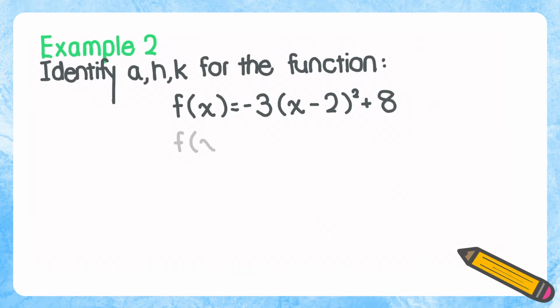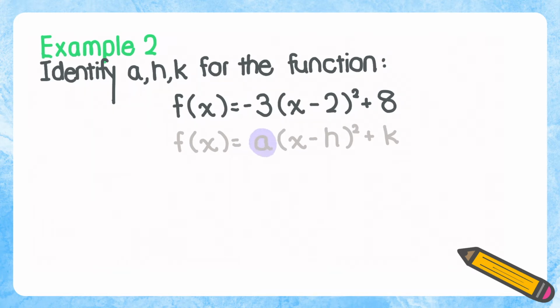So f of x equals a times x minus h quantity squared plus k. What are a, h, and k replaced by?